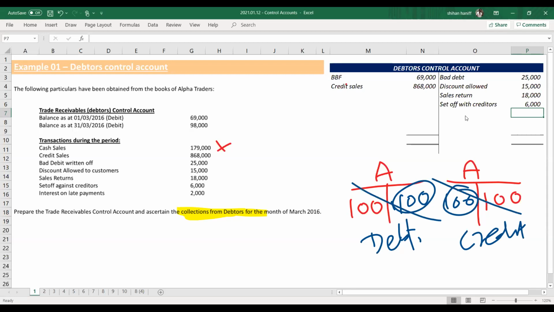Then we also have interest. Interest on late payment is 2,000. And then the closing balance carried down. That's the closing balance. So the difference in this account will be the cash received from the debtors.